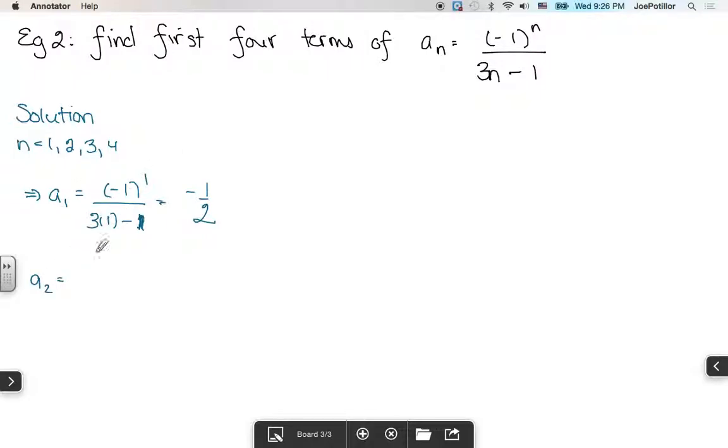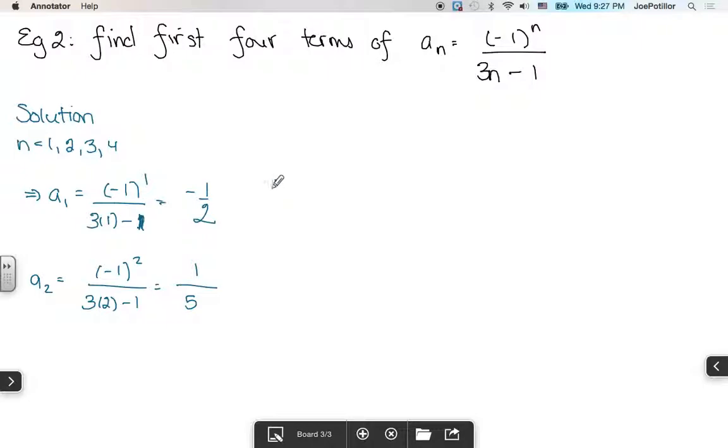A sub 2: negative 1 to the 2 over 3 times 2 minus 1. Negative anything squared is 1, positive. 3 times 2 minus 1 is 5.